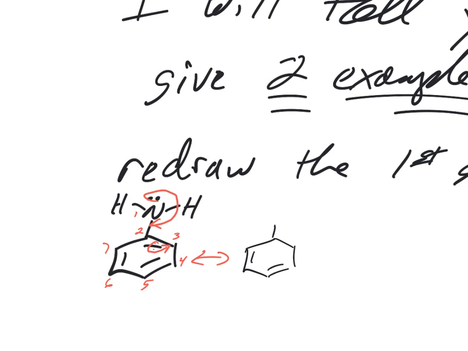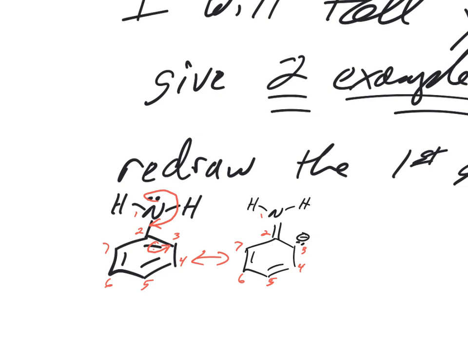Things that didn't change. Right? So there should be a lone pair now on that one, a pi bond here, and we'll see 1, 2, 3, 4, 5, 6, 7.